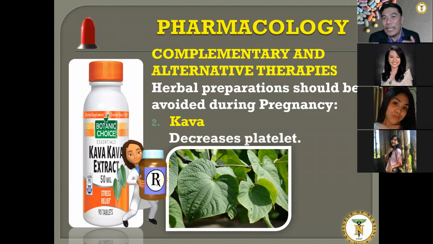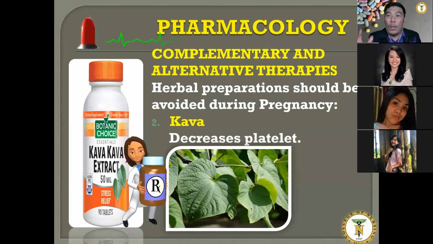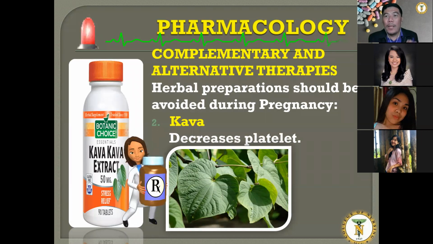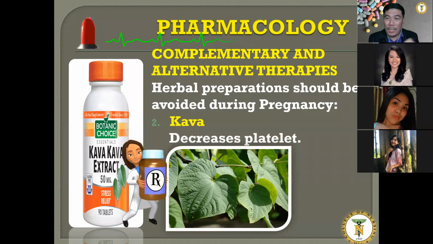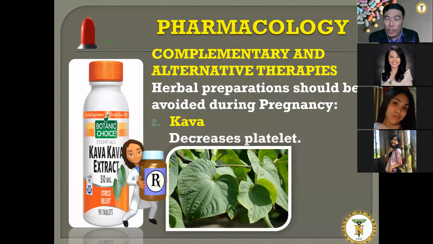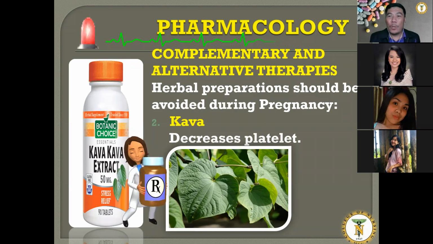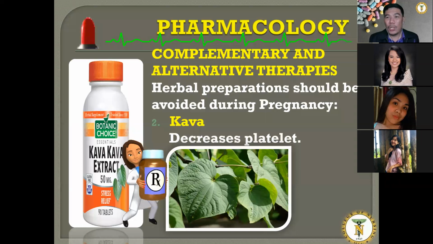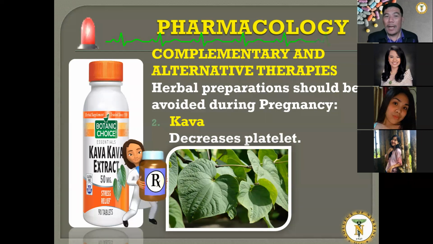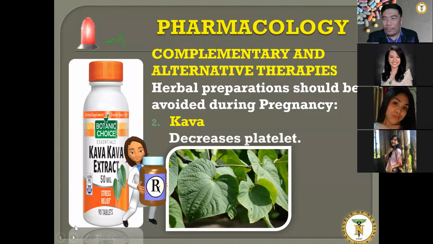So that can lead into spontaneous abortion. If it does not lead into spontaneous abortion, the bleeding itself may lead to hypovolemia. The term itself is hypo, decreased volume of blood, and ischemia. And profuse bleeding itself may cause what we call hypovolemic shock because it will definitely affect the circulating blood volume. So remember Kava or the Kava plant.